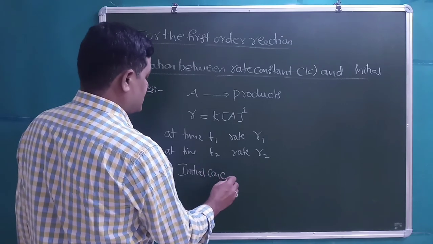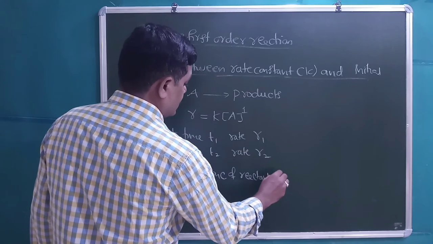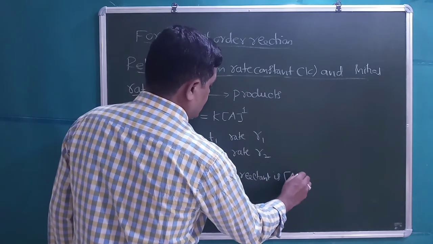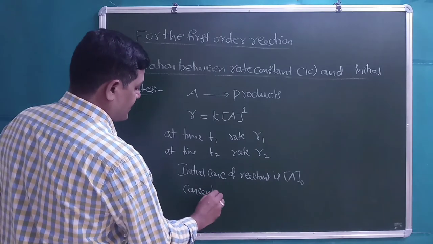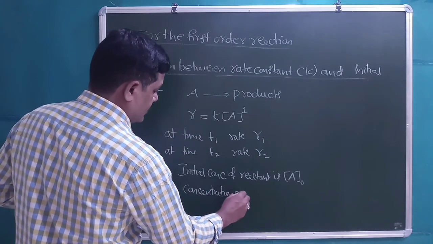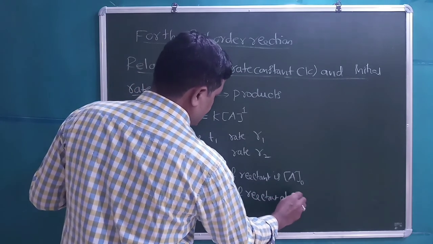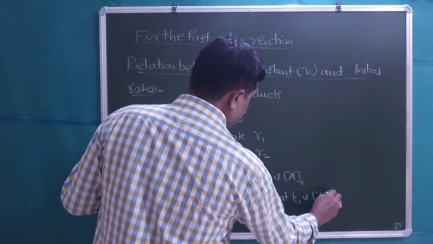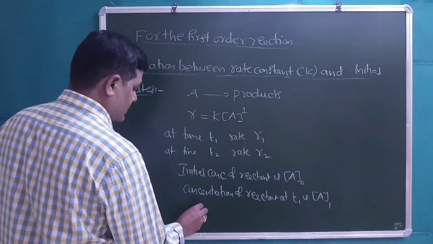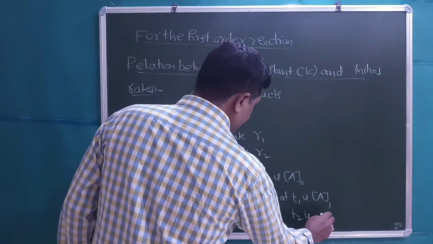Initial concentration of reactant is A0. Concentration of reactant at t1, let us assume, is A1. Concentration of reactant at time t2 is A2.